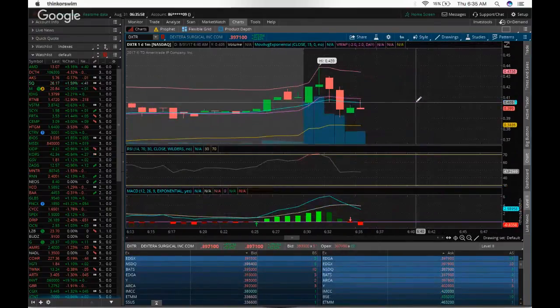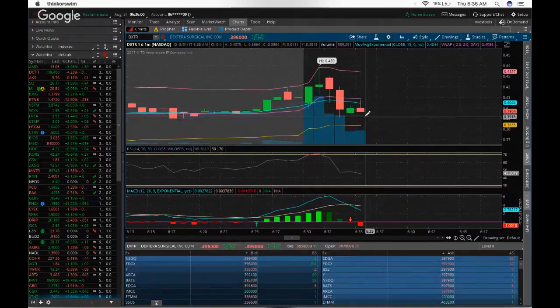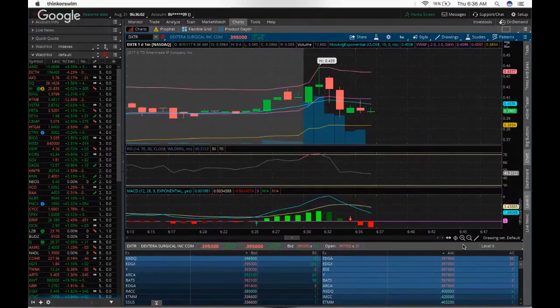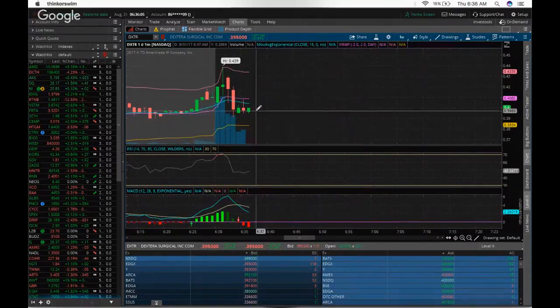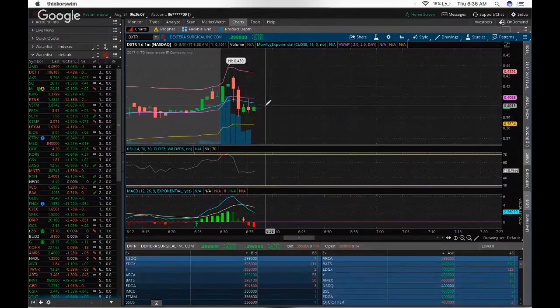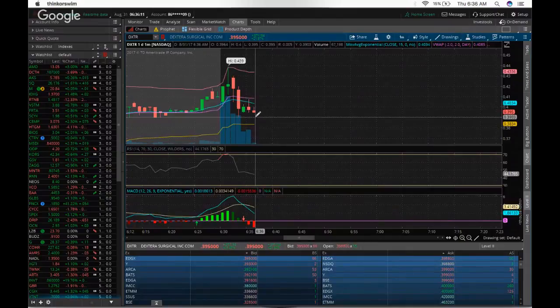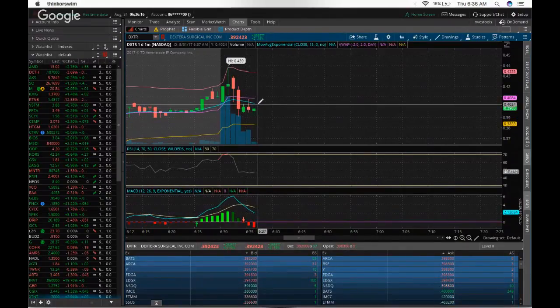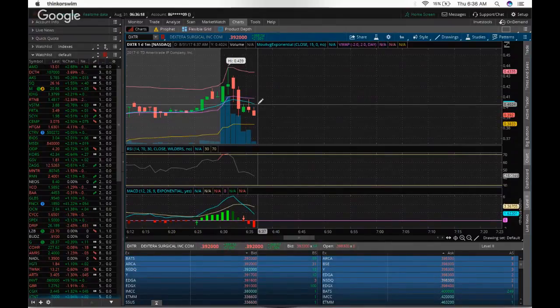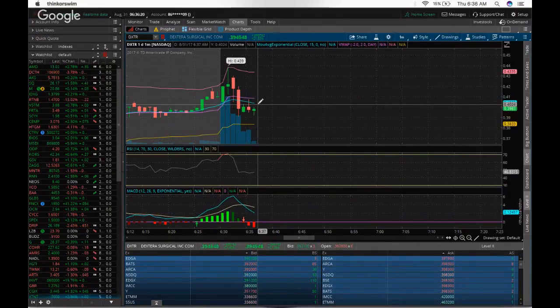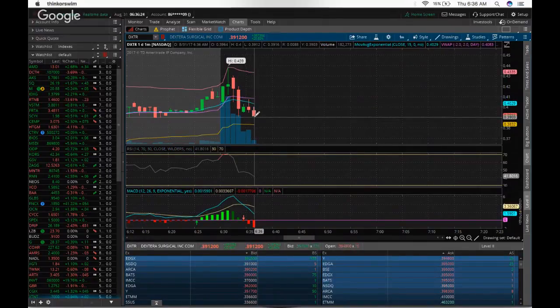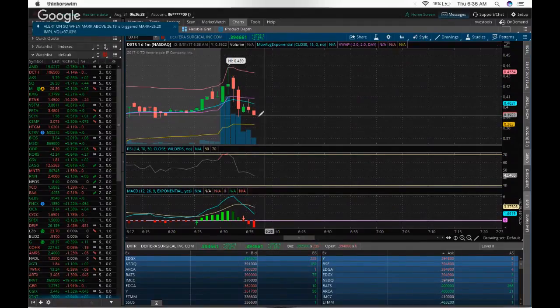So you just want to follow this one. Where does it go? 39.9, 39.5. SQ breaking resistance.